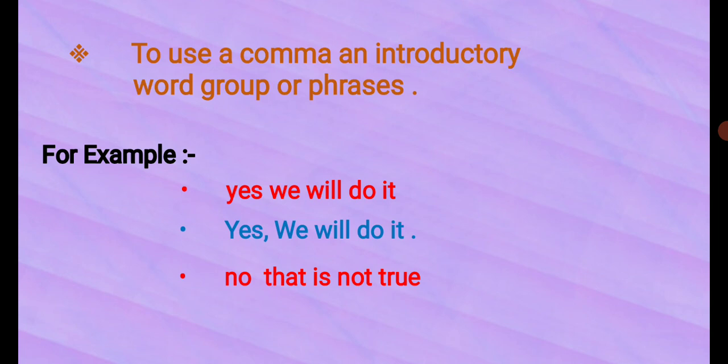Let's see what will be the changes. N of "no" will be capital, then put a comma, then T of "that" will be capital, and after that a full stop. So this is the way we will write the comma in yes and no sentences.